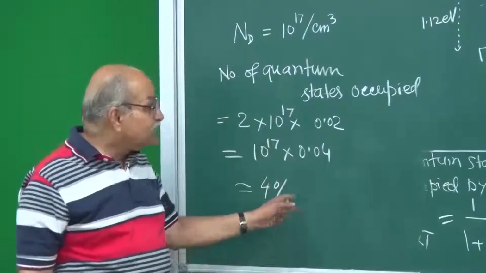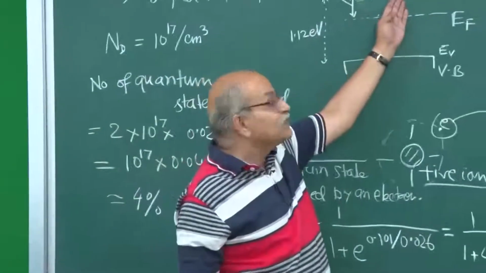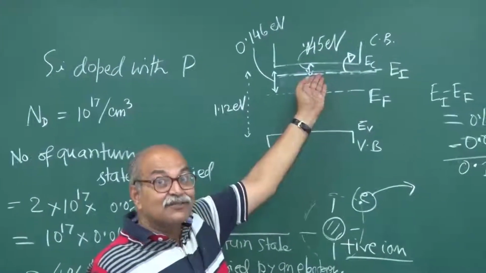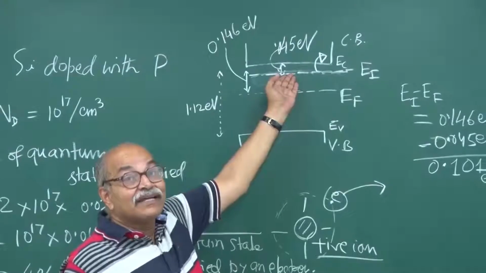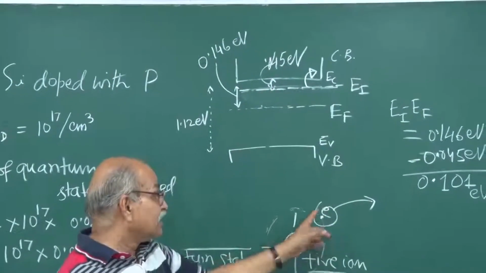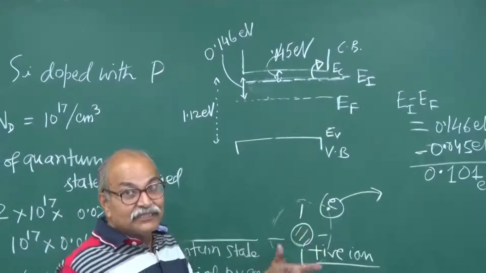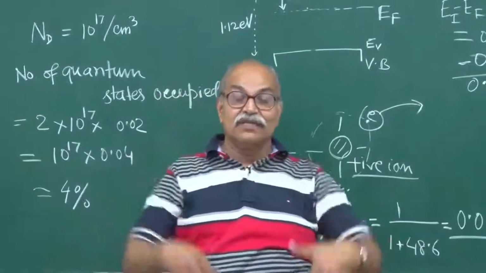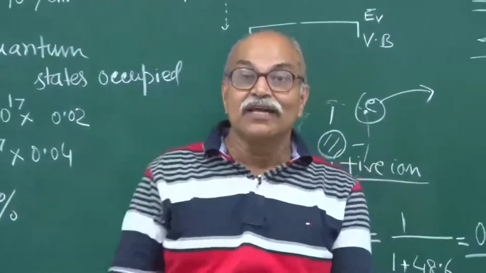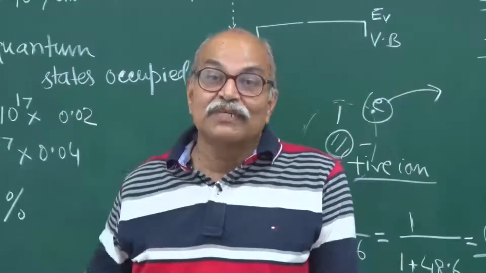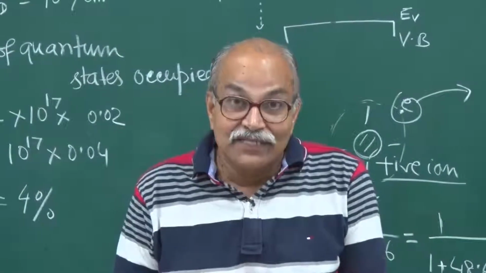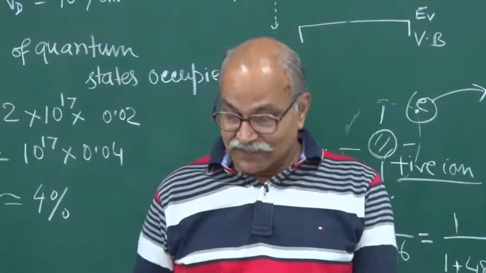So those many electrons are still here in the impurity level, and if the electron is here, that means the donor atom is not ionized, that electron is still here. So the fraction of these donor atoms which are not ionized is 4% only. 96% have already ionized. That is this question.